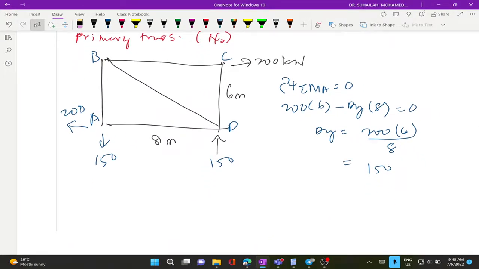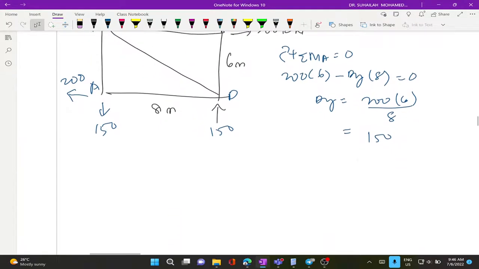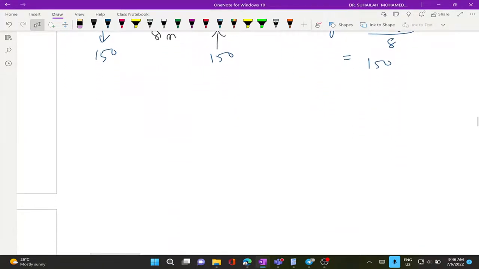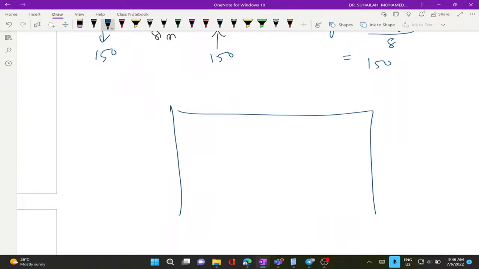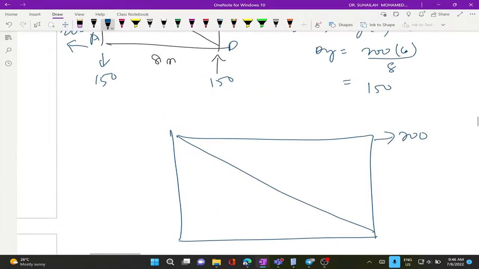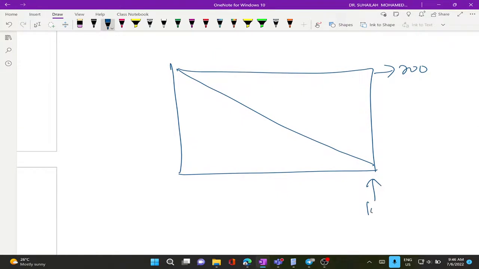Now, from this diagram, we will continue to calculate the member force in the primary truss. The member force in the primary truss is like this. So we get this: 200, we get 150 here, 150 and 200.